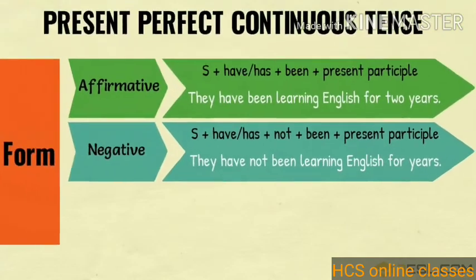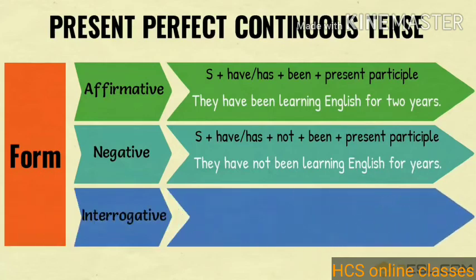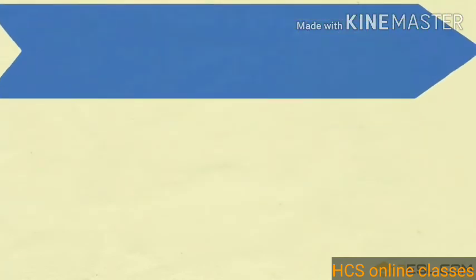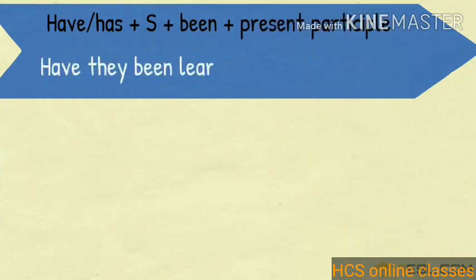For interrogative sentences, the form will be have or has plus subject plus been plus present participle. That is, have they been learning English for years?